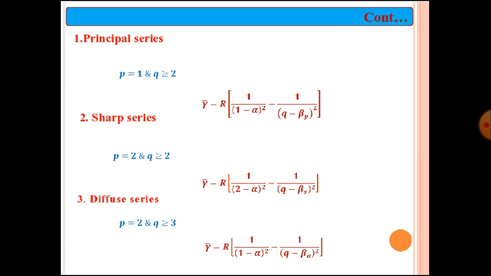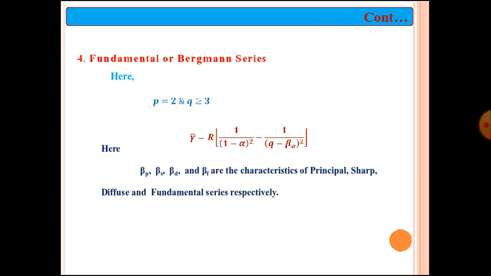Third one, diffusion series. For this series p equal to 2, q greater than or equal to 3. Nu bar equal to R into [1 by (2 minus alpha) square minus 1 by (q minus beta d) whole square]. Here d represents diffusion series. Last one, fundamental or Bergmann series.